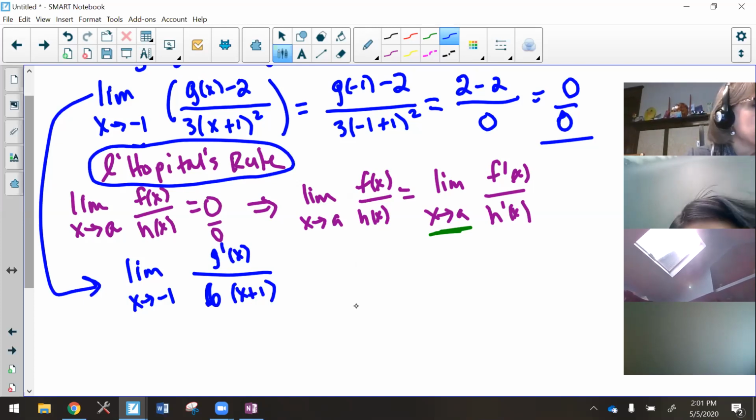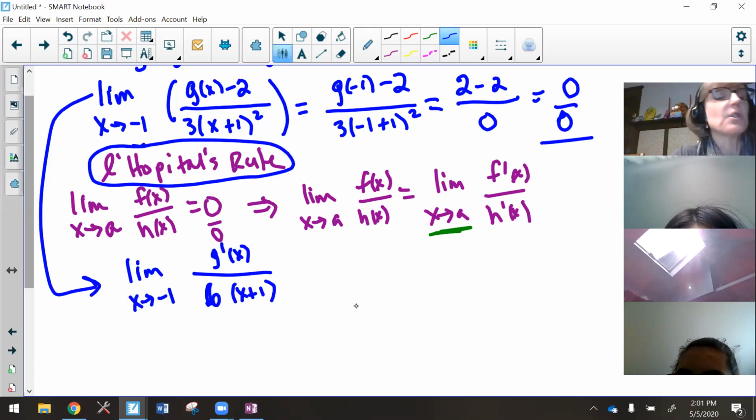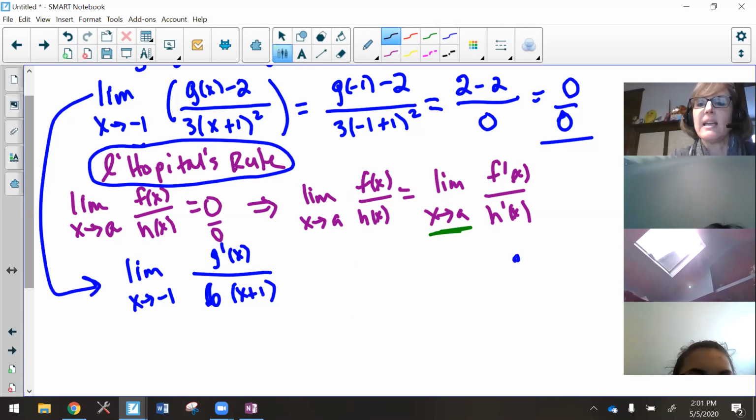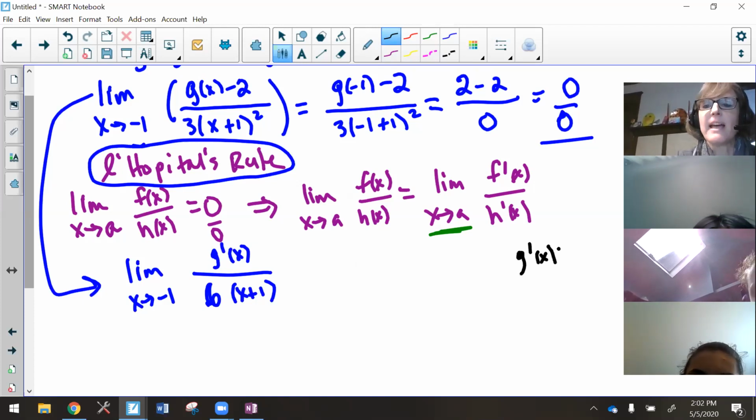And then, yes, it does actually say that y equals g of x is the particular solution to the given differential equation. So that means that I can come over here and say that g prime of x is equal to dy dx.